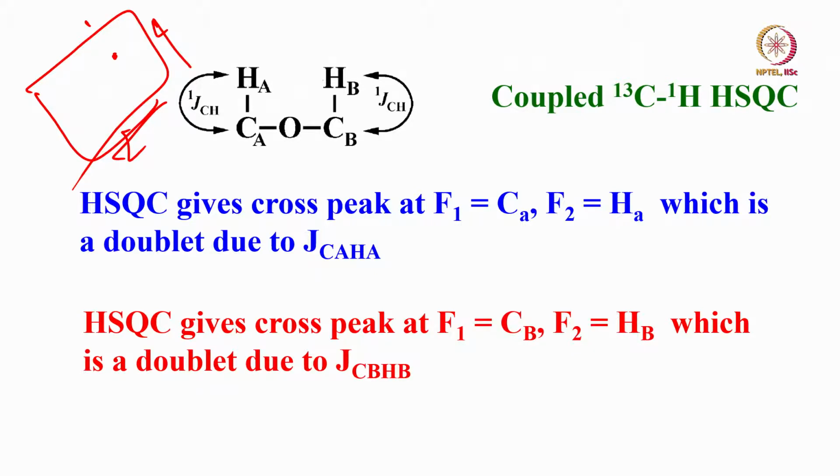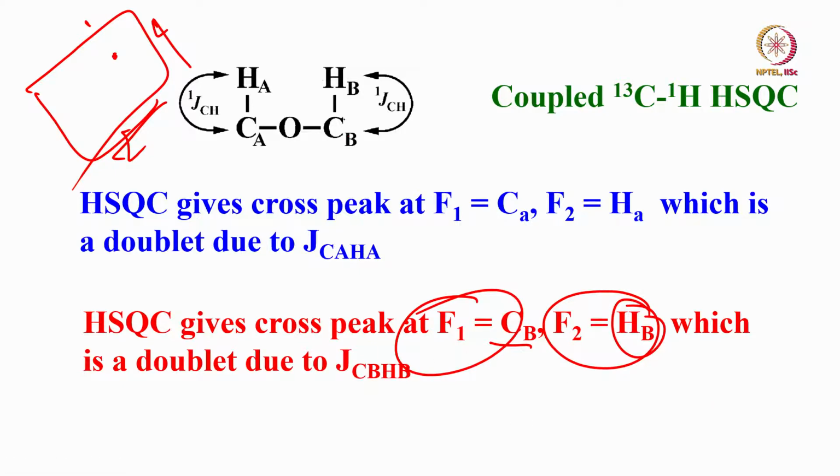HSQC gives a peak at F1 for carbon B, and it couples carbon and proton in the F2 dimension, which is a doublet because of the carbon-H coupling.